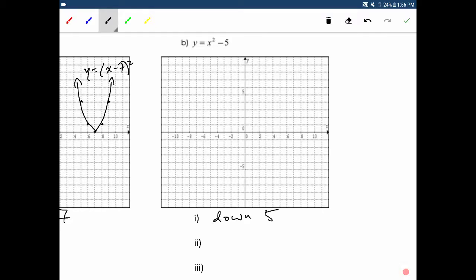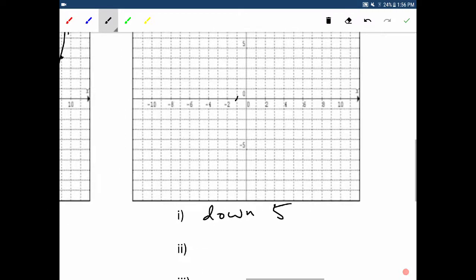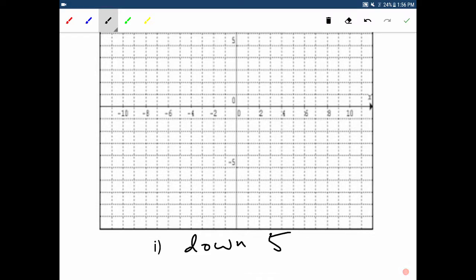Okay, remember if it's after the squared, it's going to be an up or a down. And this is the one that makes a lot more sense than the other one. So we're just going to zoom in there so we can do our negative 5 there. Okay. And so you can see we've just moved that parabola down 5. So that's y equals x squared minus 5.